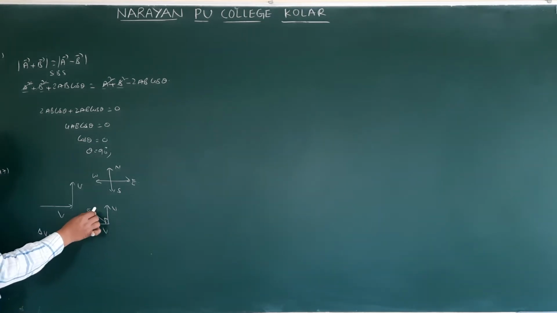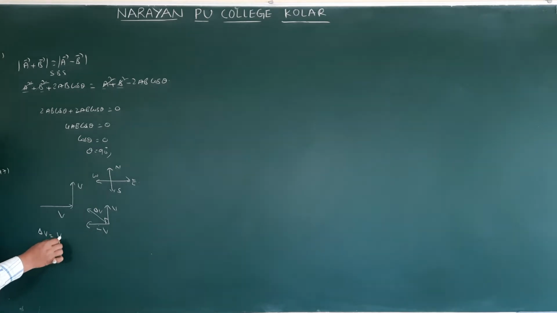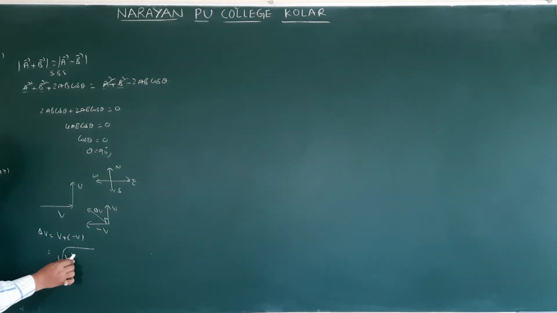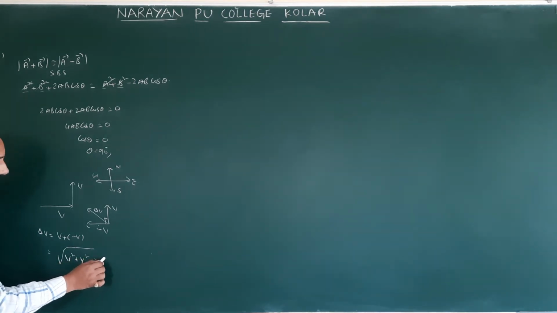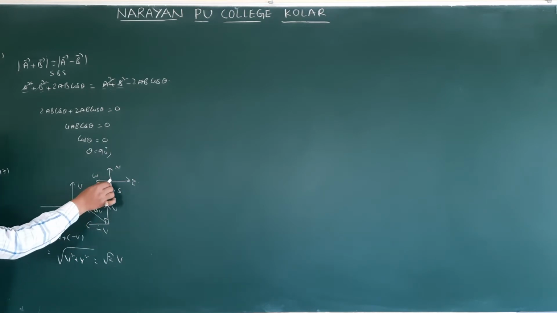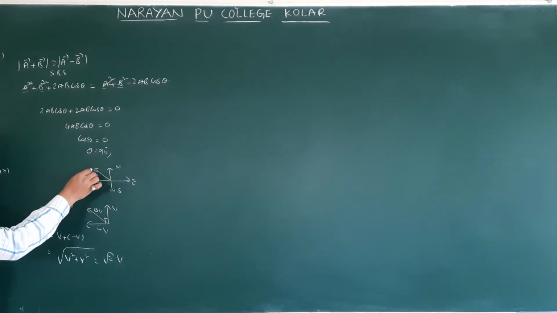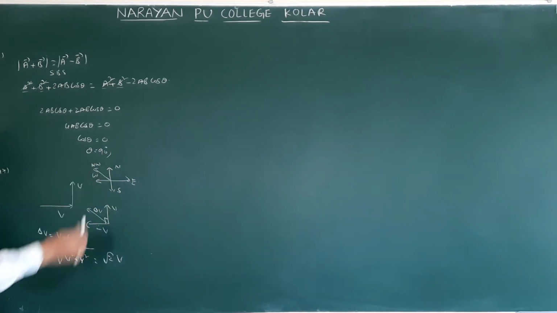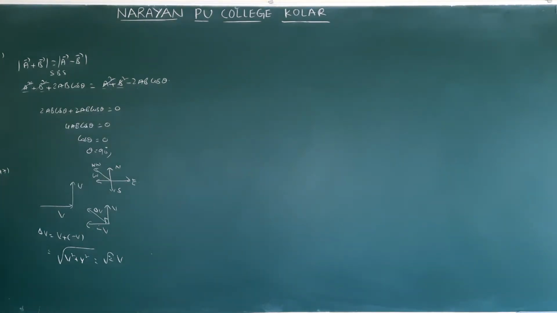Therefore, the resultant will be coming like this. Delta V is equal to V plus minus V, that is nothing but root of V square plus V square, root 2 V. What is the direction of this one? This is northwest. Root 2 V northwest, because they gave directions also. So option 1 is correct.